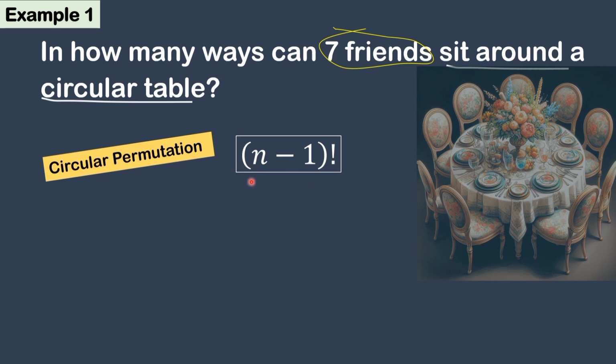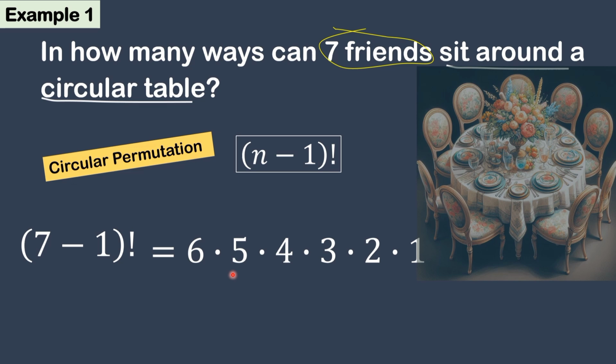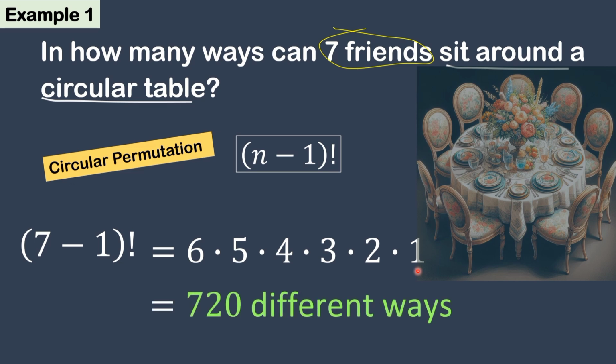So our n is 7 minus 1 quantity factorial, and that is 6 factorial, or 6 times 5 times 4 times 3 times 2 times 1. Simplify. There are 720 different ways for the 7 friends to sit around a circular table.